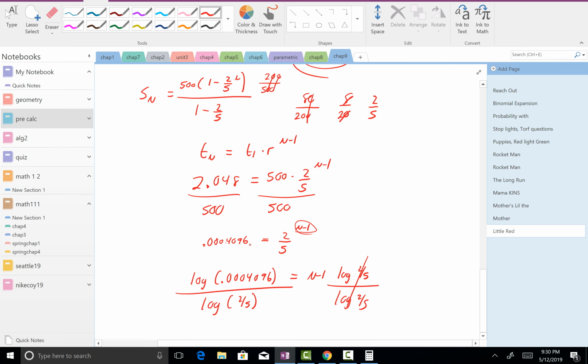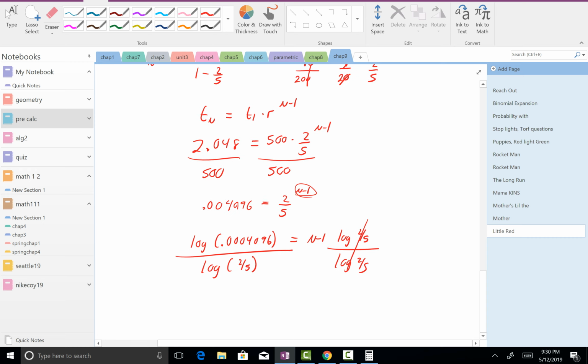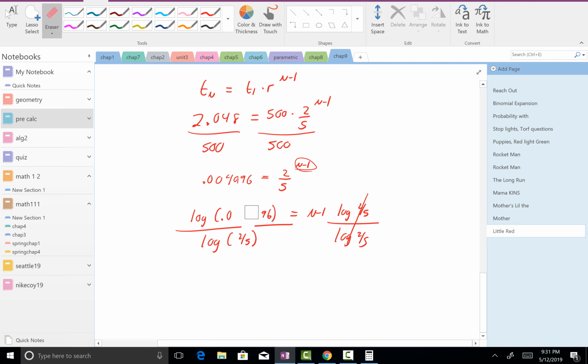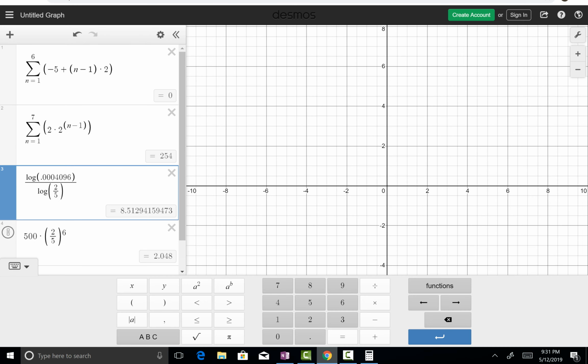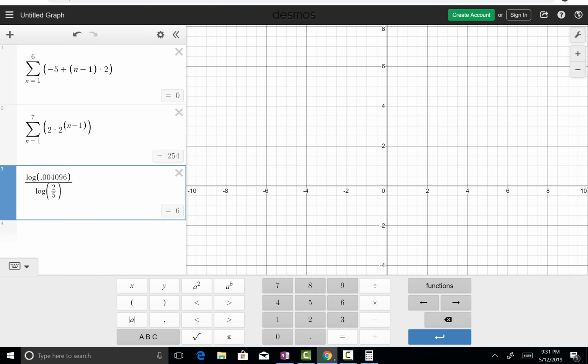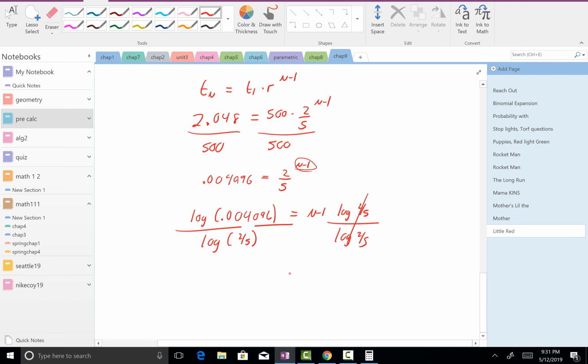Hold on, found my little error here. It's 0.004096. Let's try that out. 6. Yeah, there we go. Okay, so now that we know that this is 6, then n must be 7.